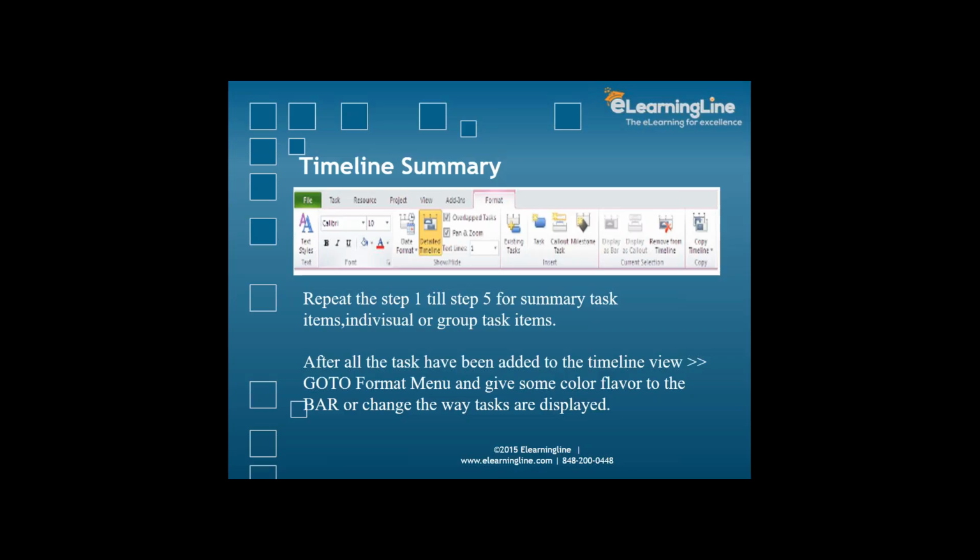After all the tasks have been added to the timeline view, go to the format menu and give some color flavor. It is always recommended to have nice colors so that people get to read it, and these are reports we are talking about. So we have to make sure that there is some kind of attraction to it. Otherwise it becomes very hard to get attention towards the report.